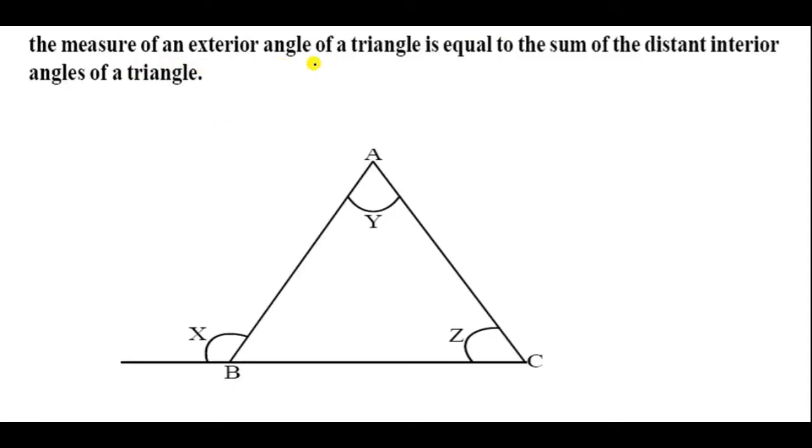The measure of an exterior angle of a triangle is equal to the sum of the distant interior angles. So this one is called a distant interior angle. Y and Z are distant interior angles, and X is the exterior angle.